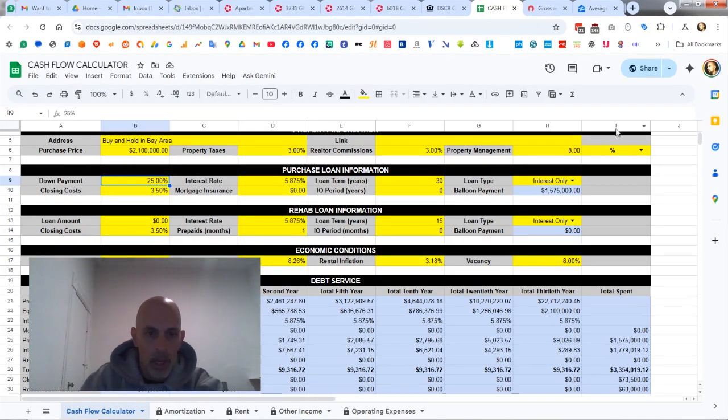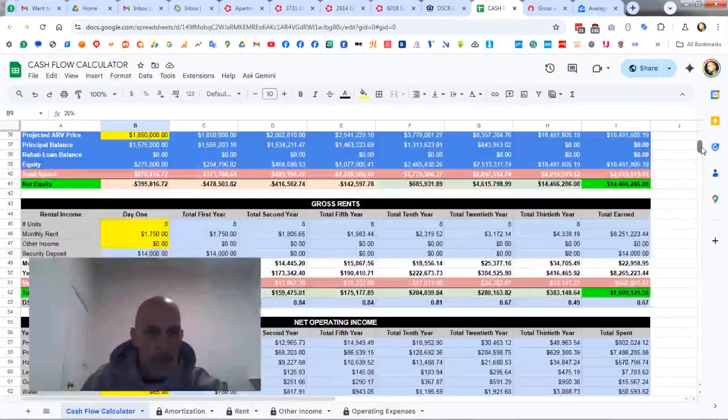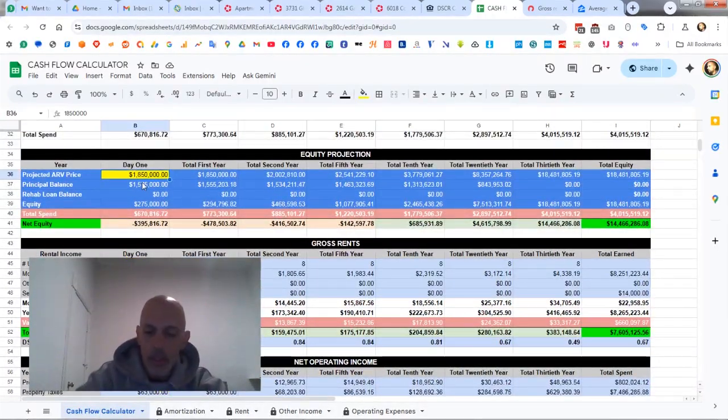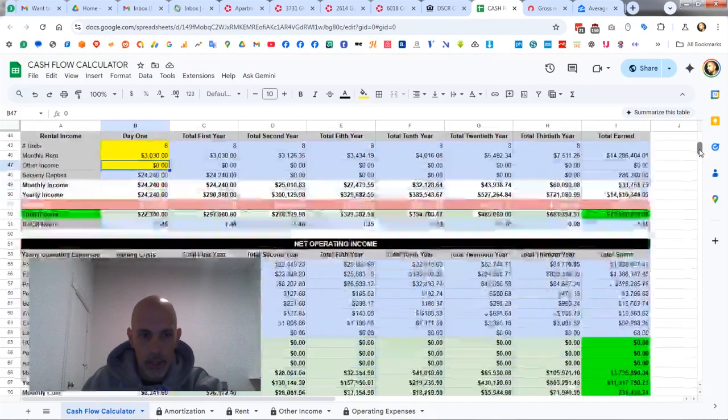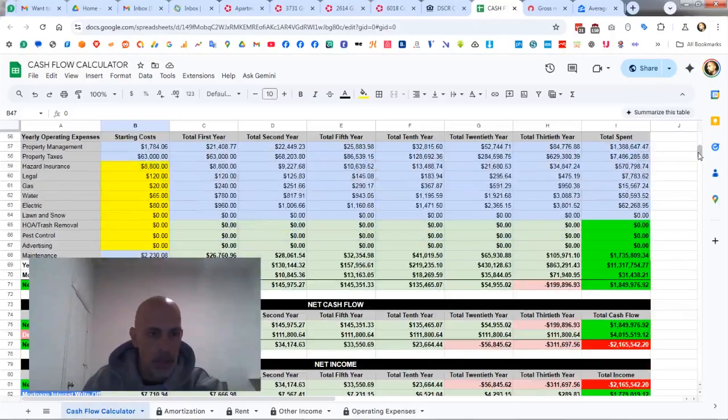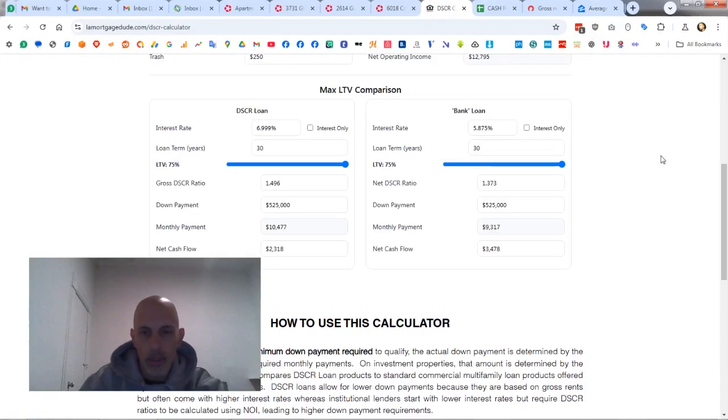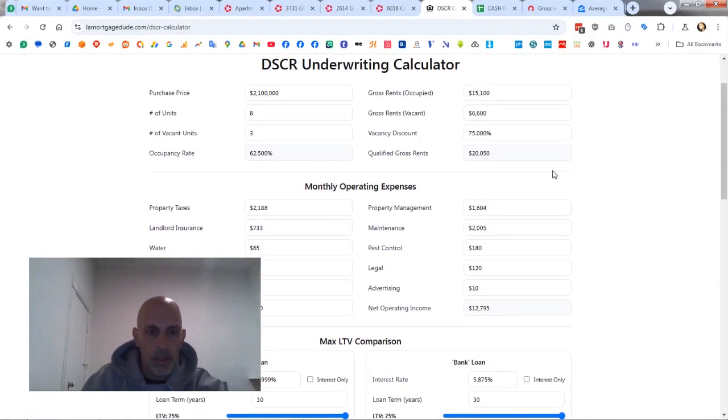You're going to be fully occupied. $2.1 million, 8 units, and you're at 3030, I believe, was the gross rents. Again, we're going for fully occupied here, just get the bank loan. And let's see what the net operating income is.